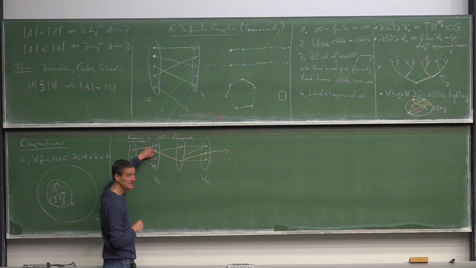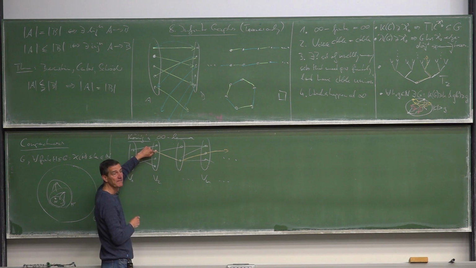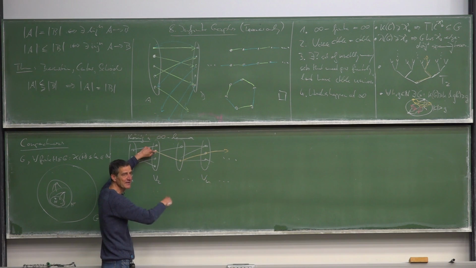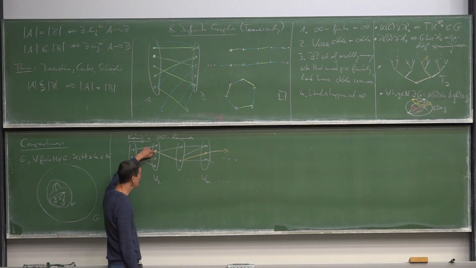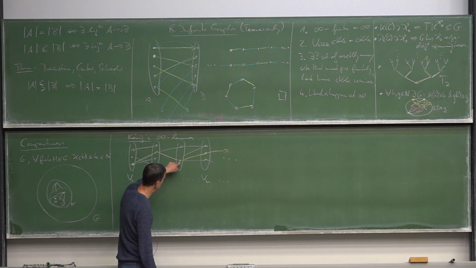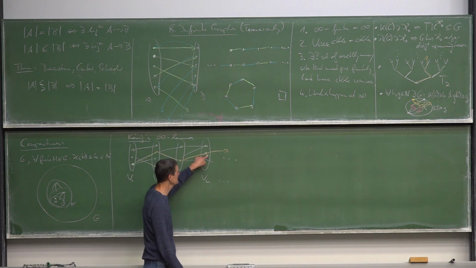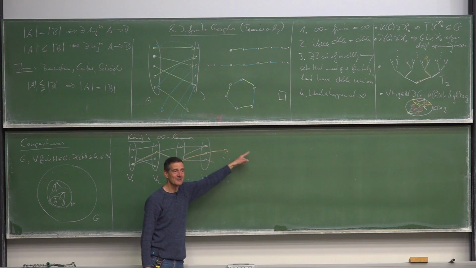Right, so there exists a vertex in V2 that lies on infinitely many of those paths. Not the same infinitely many, a subset, but an infinite subset. And that has an infinite subset of paths that all use this, and that has an infinite subset of paths that all use that, and so on.